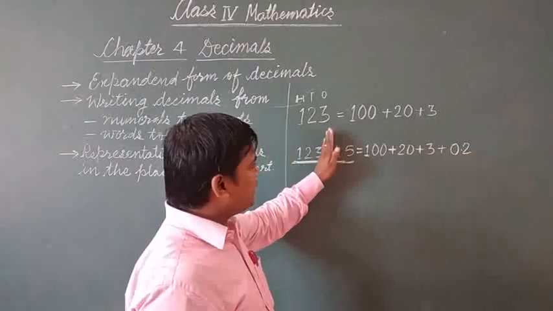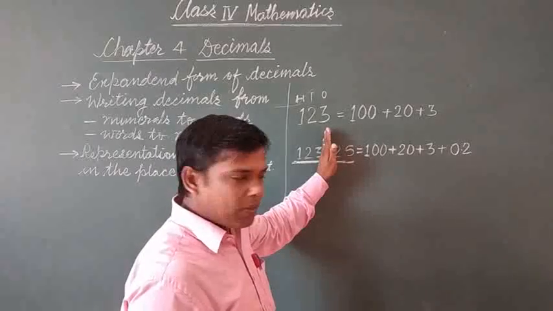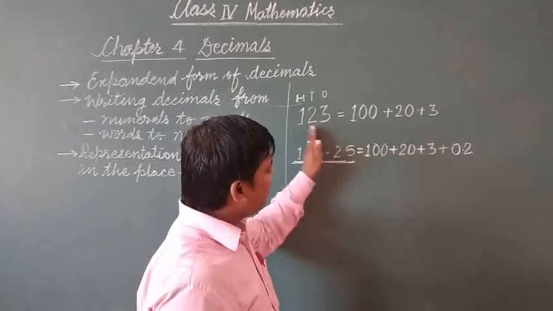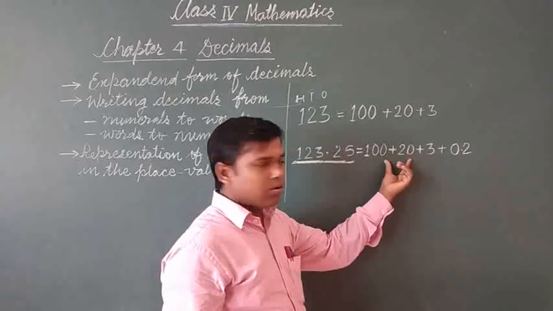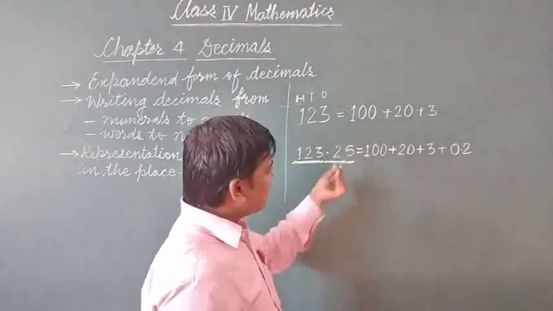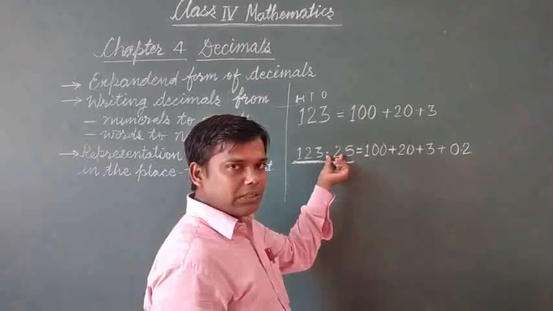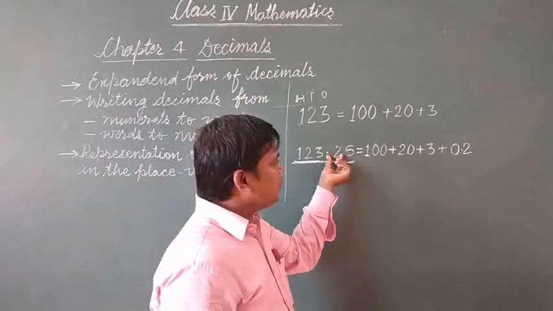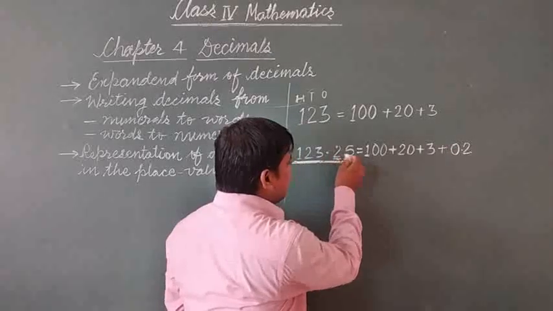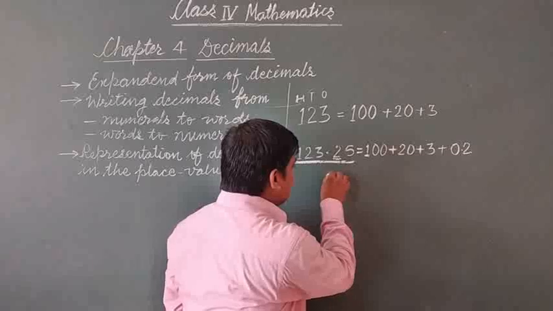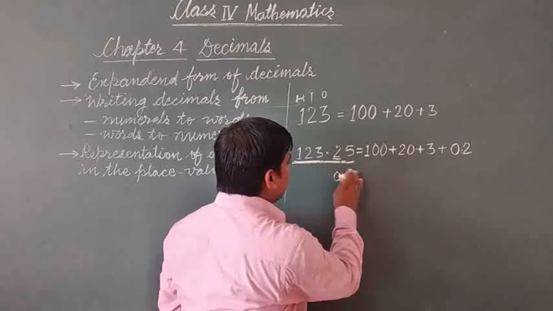Why 0? Because these numbers are the whole part and we have already written the expanded form for them. So when we write the first decimal digit, we put 0. Now up to here it is clear. Then we have to write this one, which can be written as 0.05.